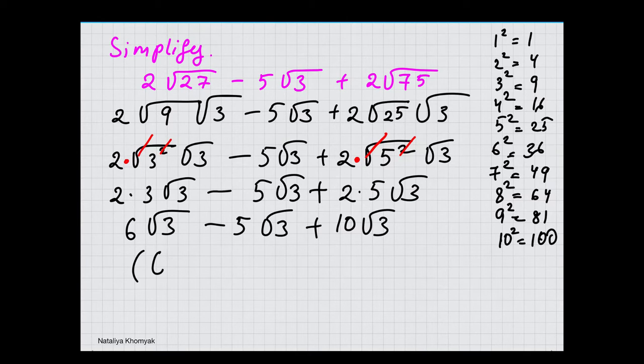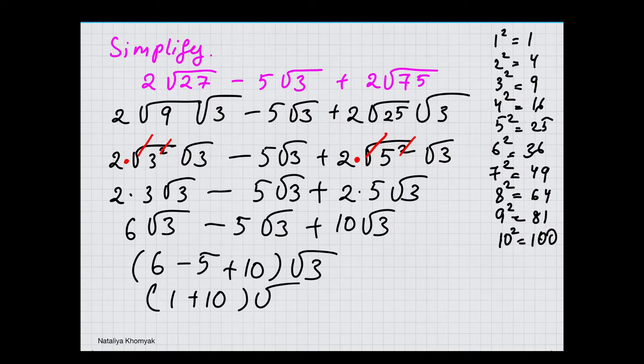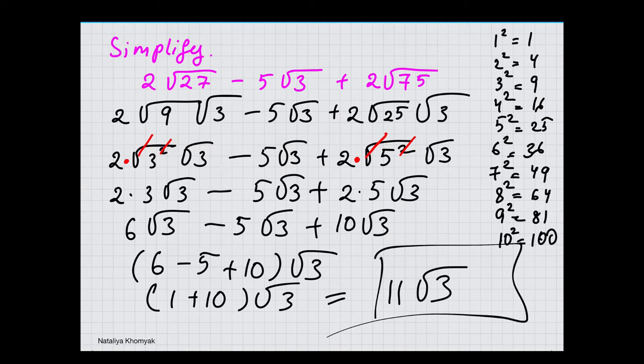So we get 6 minus 5 plus 10 of square root of 3. 6 minus 5 is 1 plus 10 square root of 3. And this will be 11 radical 3. And this is my solution.